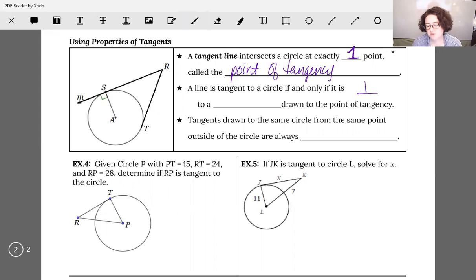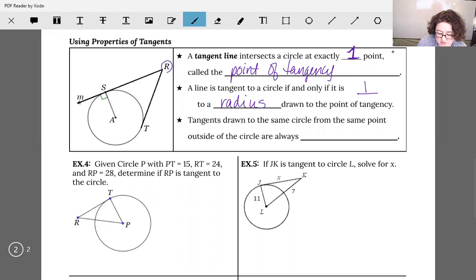And we can use our symbol for perpendicular. And it's always going to be perpendicular to a radius that's drawn at that point of tangency. So in this case, S is our point of tangency. And the radius we drew to it, segment AS, well, that's going to be perpendicular to our tangent, line M, or line SR.